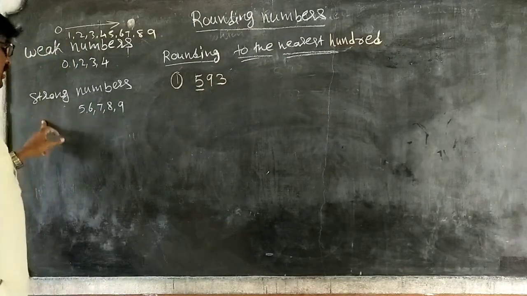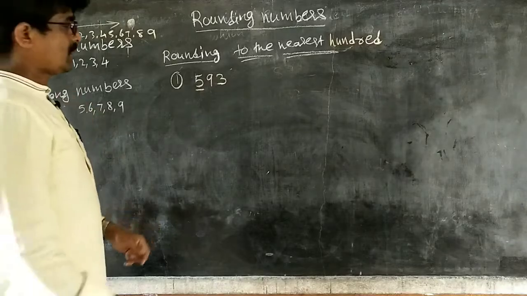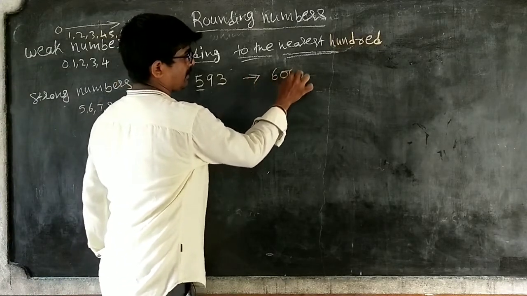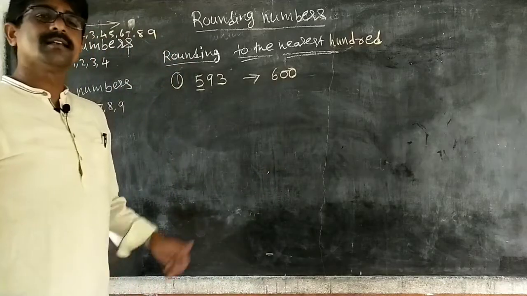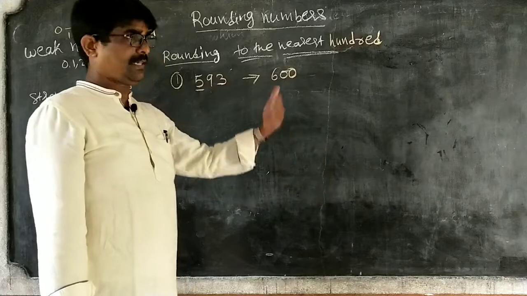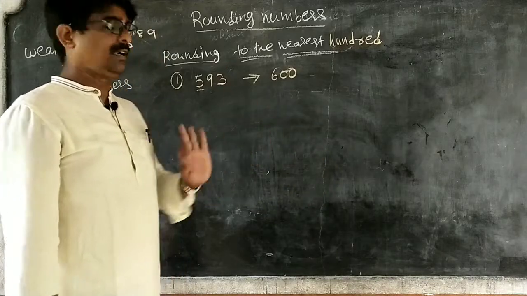Is 9 strong or weak? 9 is a strong number. That is equal to 600. Simple. Already did it in the tens place, same like that only for the hundreds place.